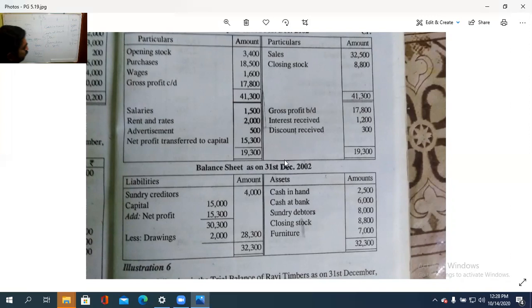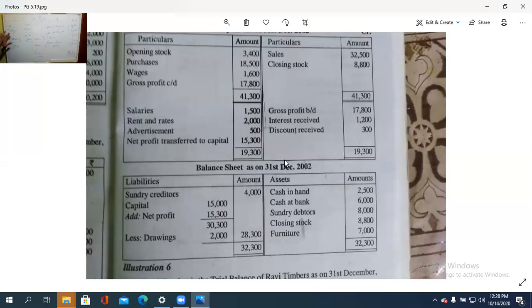So 15,800, plus again 23,800, plus 6,000, 31,800, plus 2,000. So see, 2,500, 6,000, 8,000, 8,800 and 7,000. So it is 32,300.